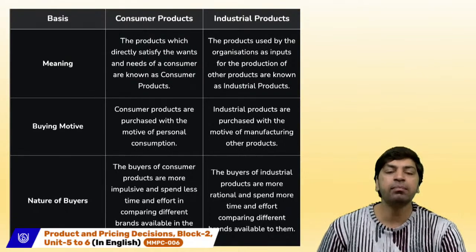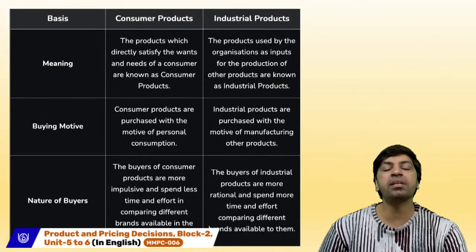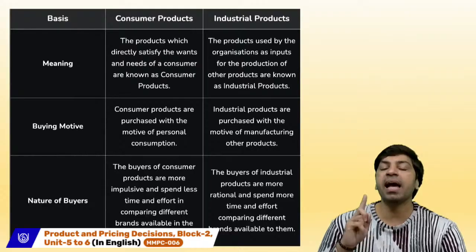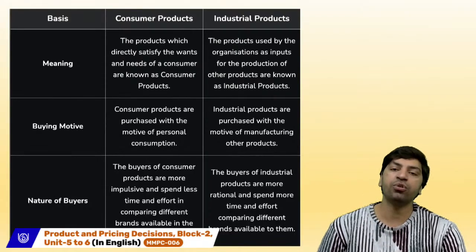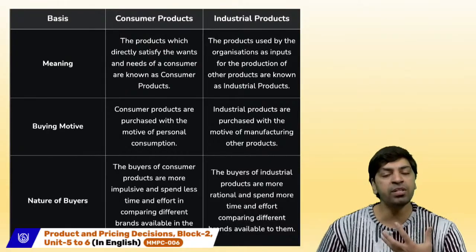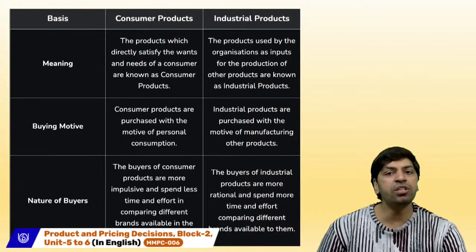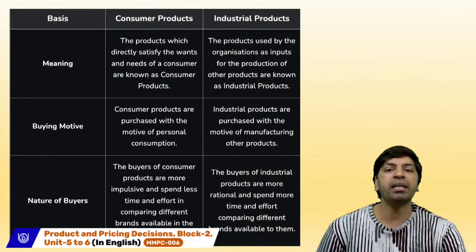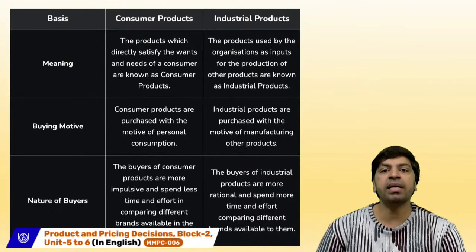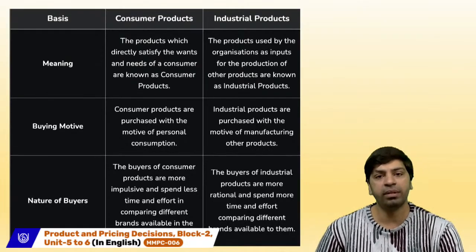That means they compare the different brands available in the market, and then accordingly they choose the best alternative or the best brand so that their needs can be satisfied. But in the case of industrial products, the buyer is more rational, which means they compare the different brands available to them.